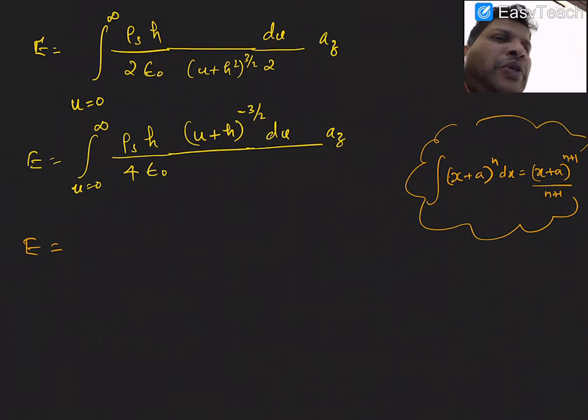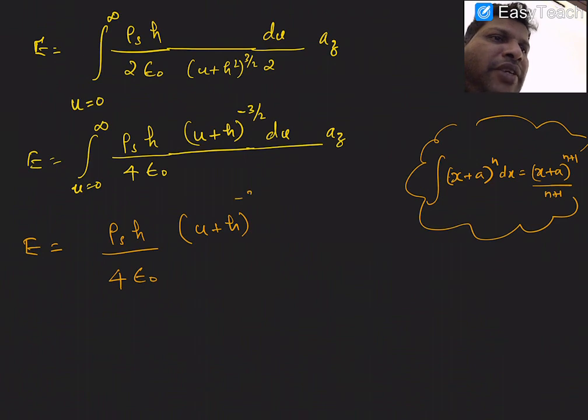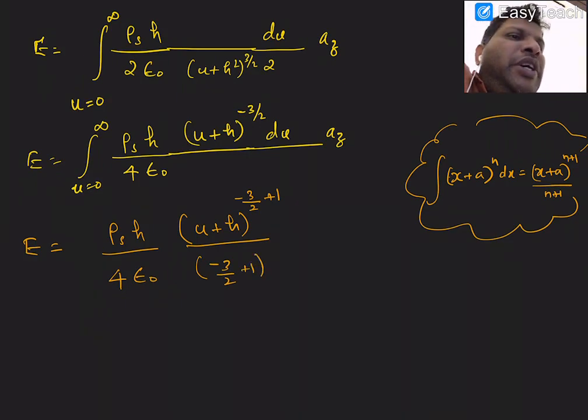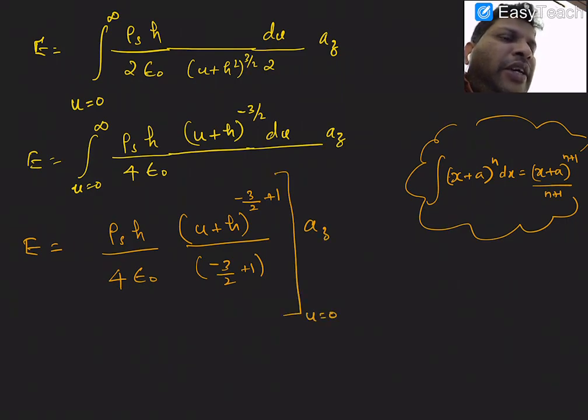So this will be equal to rho s into h divided by 4 epsilon 0, then u plus h square whole power minus 3 by 2 plus 1 divided by minus 3 by 2 plus 1. This will be the integral, then into Az. Now I have to put the limit. My limit is u changes from 0 to infinity.